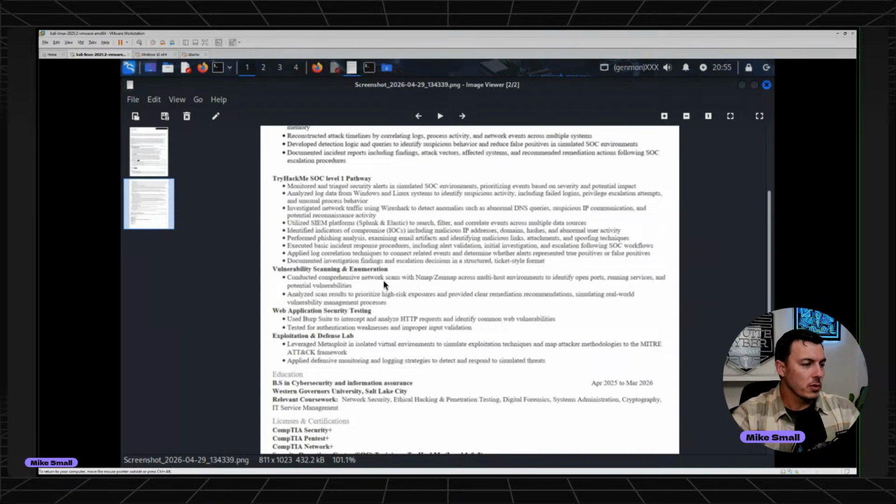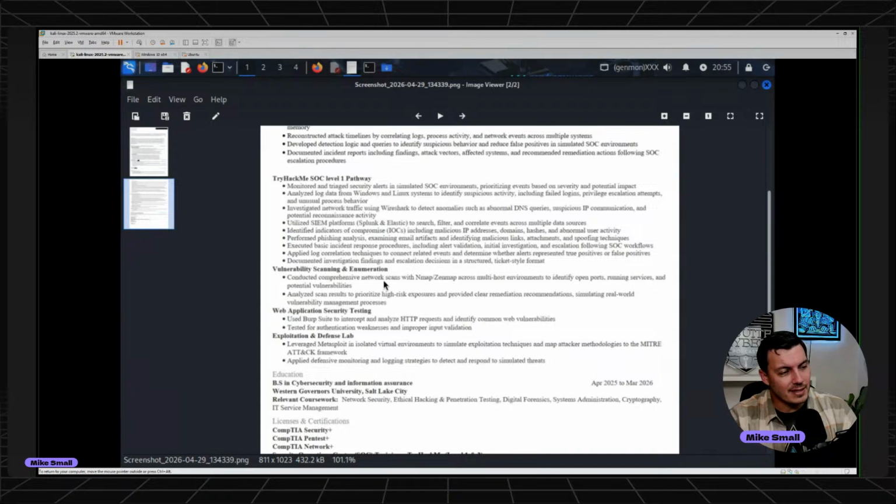Let's see, exploitation and defense lab. These are two opposing ideas, I think. Leverage Metasploit in isolated environments to simulate exploitation techniques. Apply defensive monitoring and logging strategies to detect and respond to simulated threats.